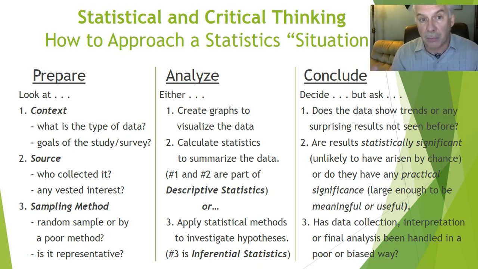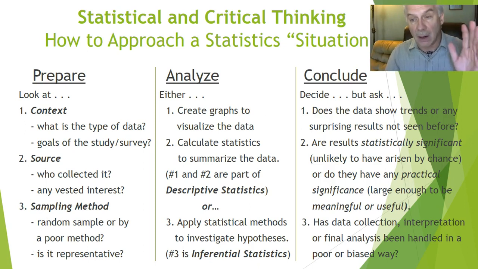So here's the whole process, or our approach to a statistic situation and how it should be done. First, we prepare and consider several things before we even start. We look at the context, like what is the type of data we're going to be interested in, what are the goals of the study or the goals of the survey.